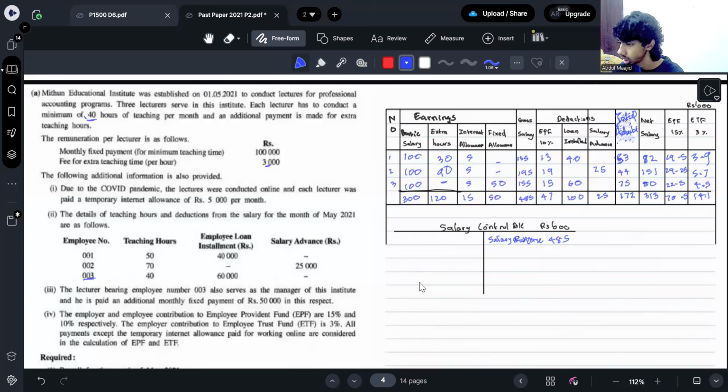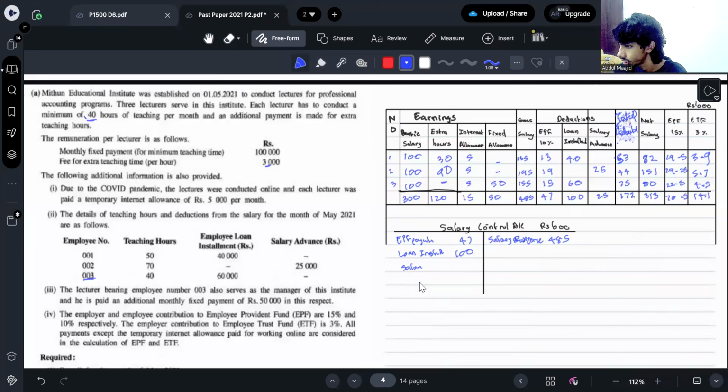Then you should debit all the deductions. EPF will go to EPF payable, EPF payable credit 47. Then loan installment in salary control debit, loan installment account credit 100.